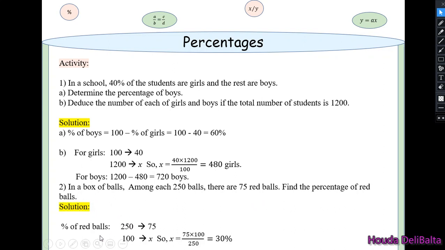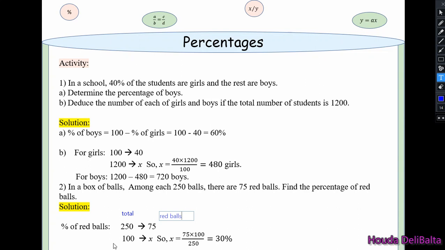The solution here: for each 250, here is for the total, and here is for the red balls. So for 250 balls as total, we have 75 balls as red.